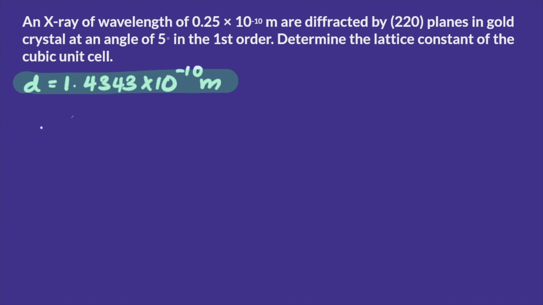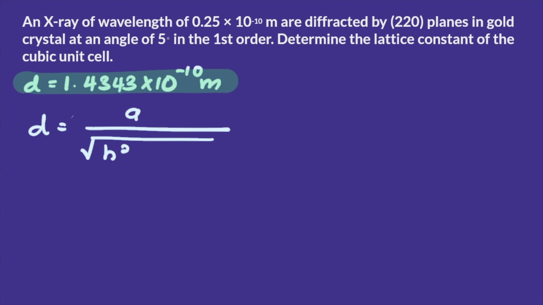So for this value of d, we have another formula, which is a divided by the square root of h square plus k square plus l square. Another thing given in the question is that it is diffracted by the 220 plane. This 220 is actually the value for the hkl.